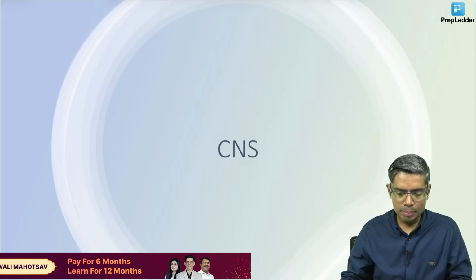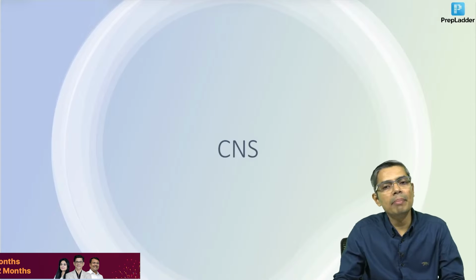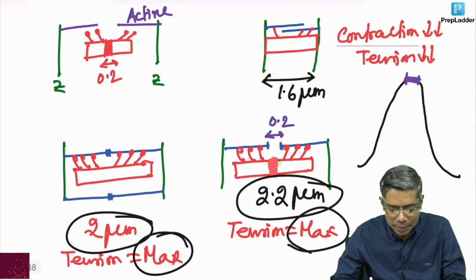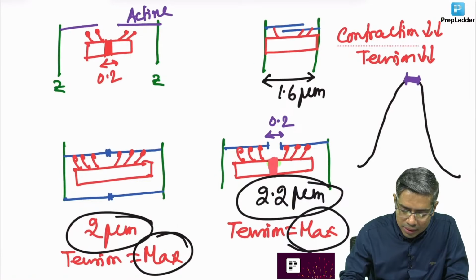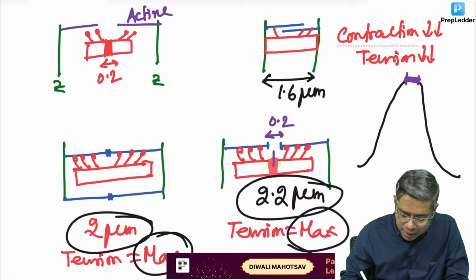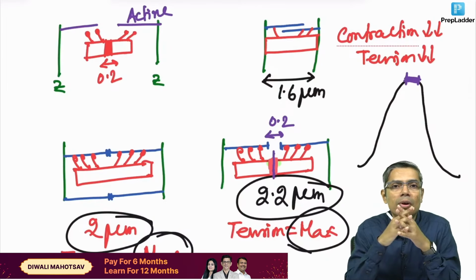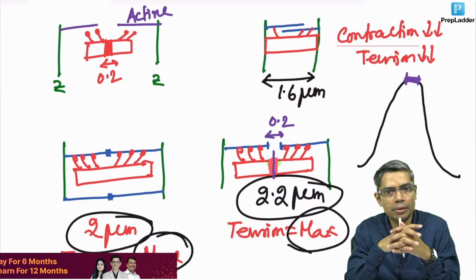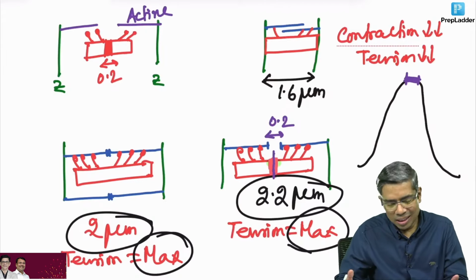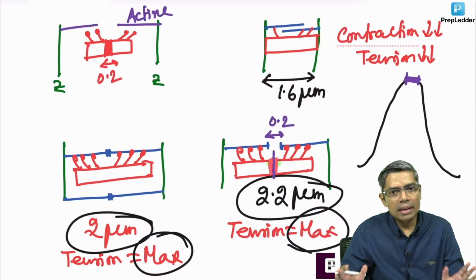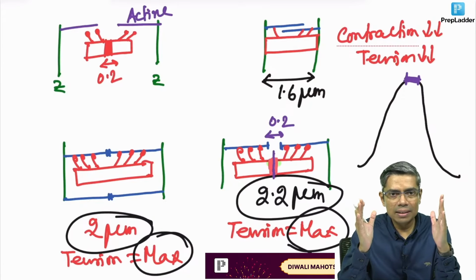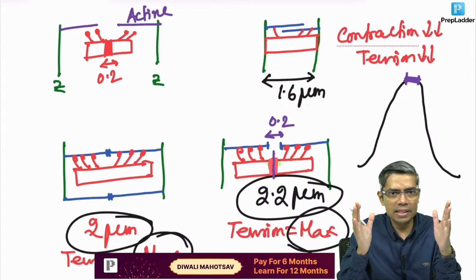That's why prominent. Which band is prominent? That is the M band. I told you, at the center of the myosin there is a line which is known as the M line. So this M line will be prominent during the contraction. I band will be disappearing. The A band, which is the thick band, is not going to get prominent; it will remain the same.